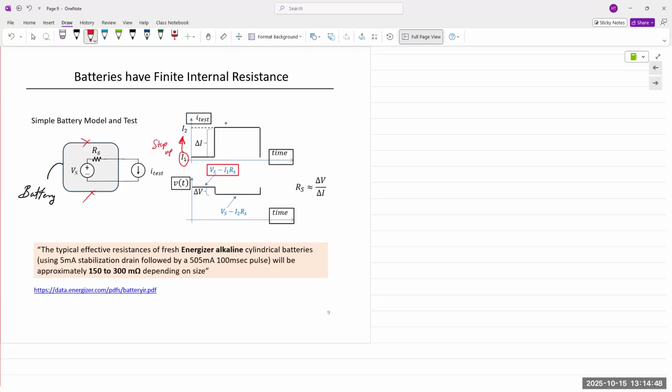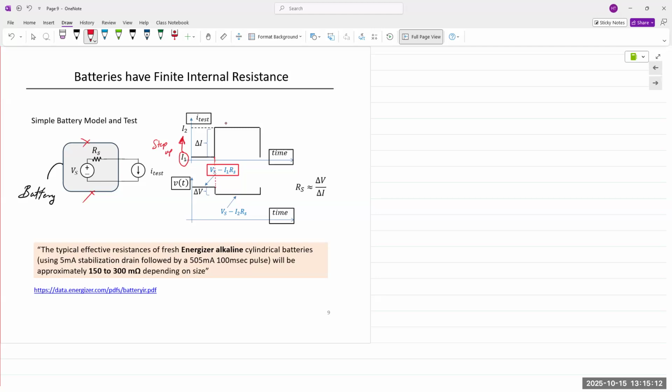We measure first the voltage in response to I1. Next, we step up the current. If we step up the current, it's pulling more current from the battery, so the voltage drop across that resistor increases.